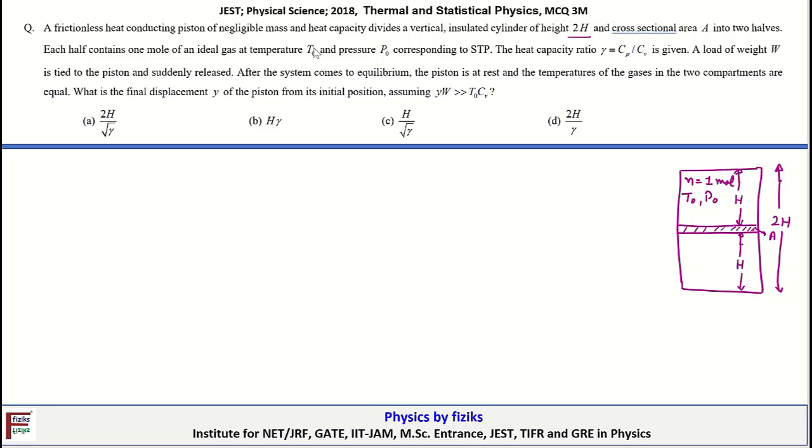A load of weight W is tied to the piston and suddenly released. But before we continue with the next part of the statement, let's first assign the parameters to the cylinder before attaching the load. Suppose this is the equilibrium position of the piston when there is no load attached to it. Now when a load is attached, let's draw the corresponding diagram.